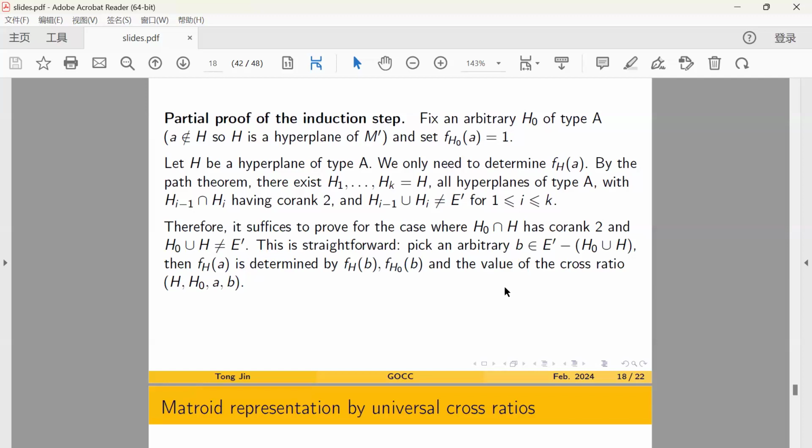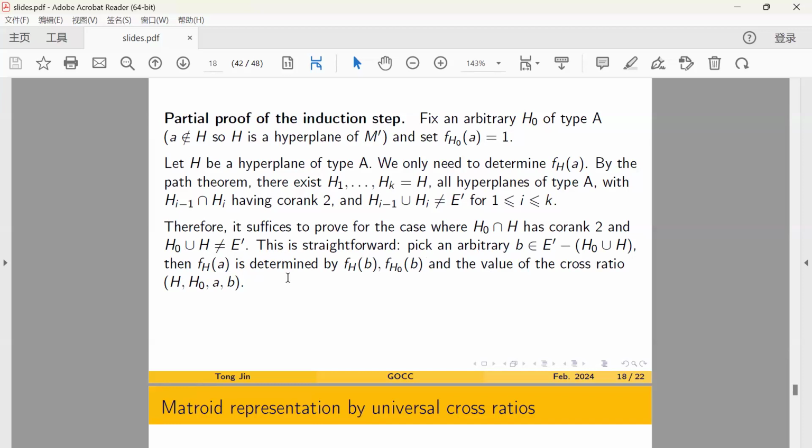So let's assume that the intersection has co-rank 2, and H0 union H is not E minus A. From this very restricted assumption, it is quite straightforward, because we can just pick an arbitrary element B outside the union.